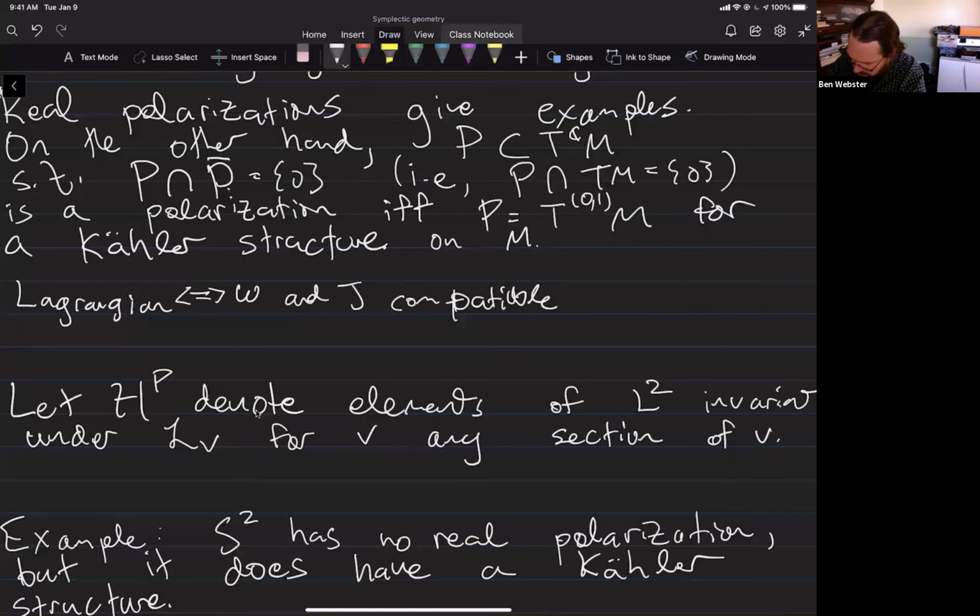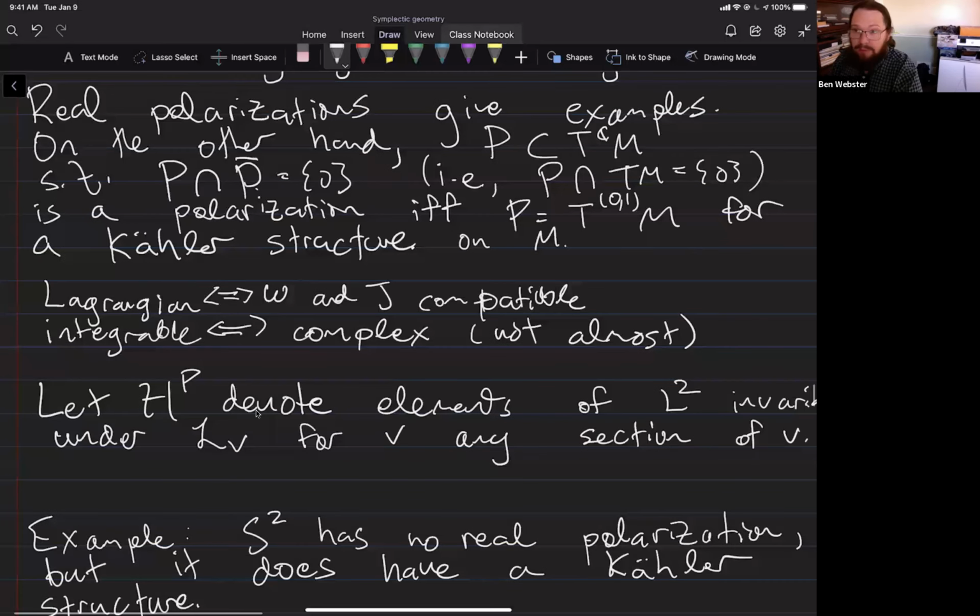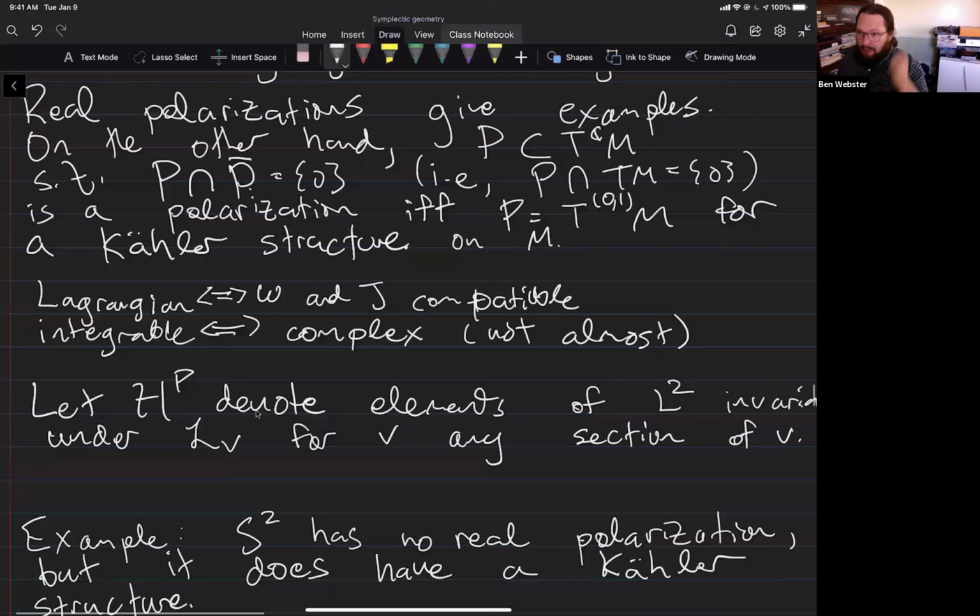And it's integrable if and only if this is a complex structure. And that's exactly the definition of a Kähler manifold, having a complex structure, not almost complex, actually complex, and symplectic, which are compatible with each other.